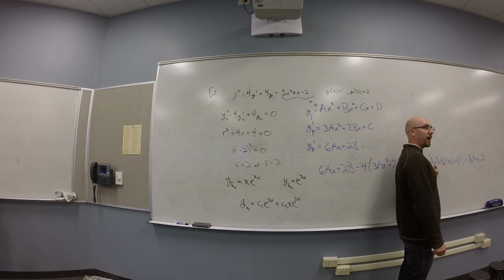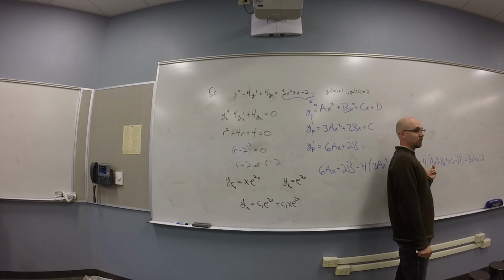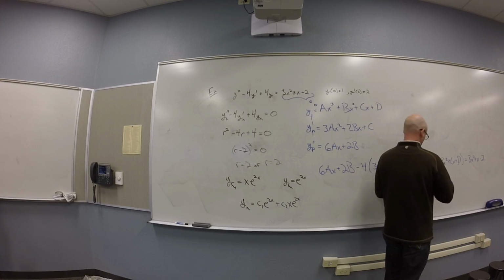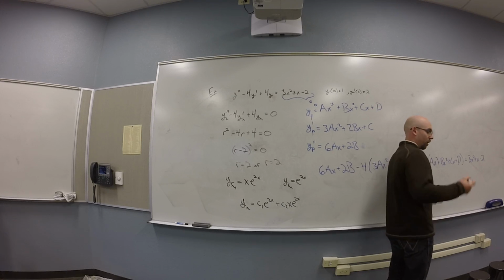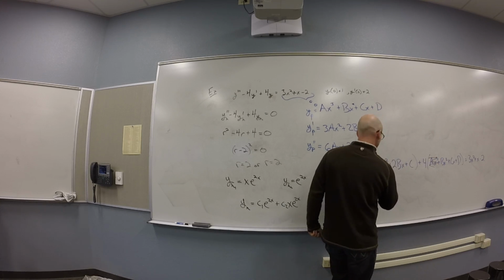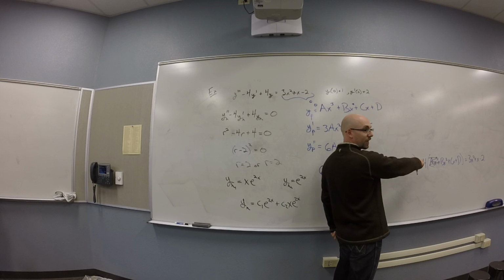I got 4a x cubes. So a has to be 0. Okay, so I'm going to scribble my a's out before I do the rest of this. So we would equate it with 0 x cubed and solve for a. So that part's gone, right? The ax cubed.